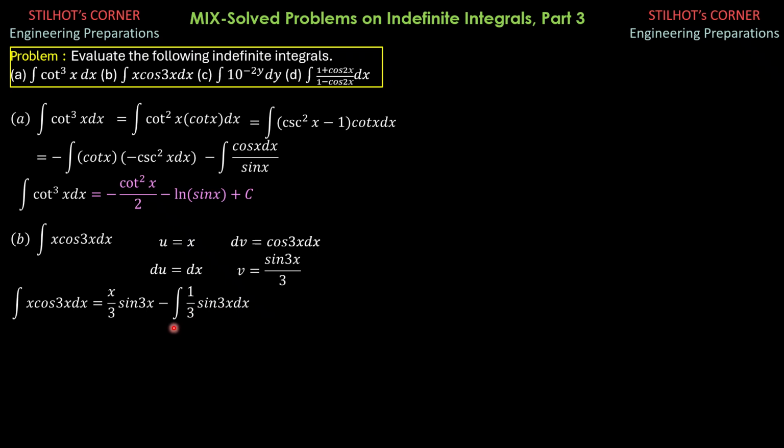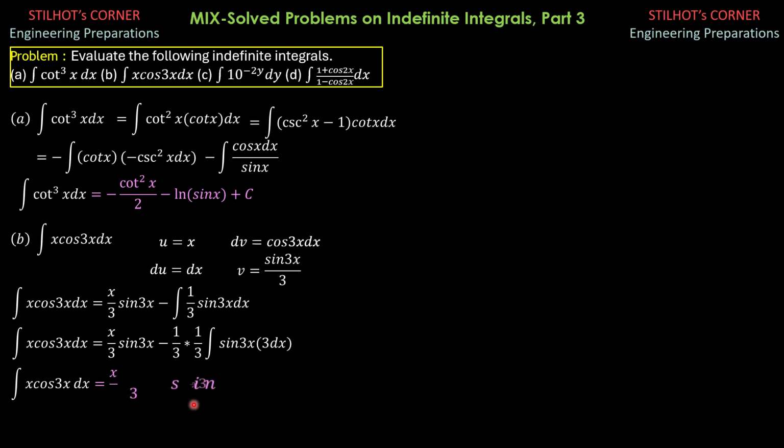Since the integral of sine 3x is negative 1/3 cosine 3x, that would be positive 1 over 9 cosine 3x. So, therefore, the answer is x over 3 sine of 3x plus 1 over 9 cosine of 3x plus c. So we set up first the integral into this form so that it is clear that the answer is x over 3 sine 3x plus 1 over 9 cosine of 3x plus c.